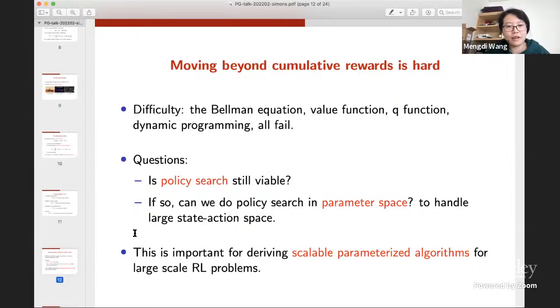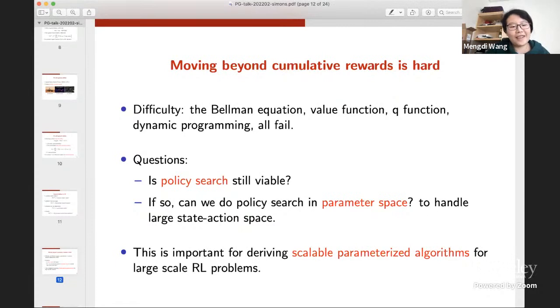So the consequences are that first, we no longer have a value function because value is a sum of rewards. Now we don't have additivity. And also we no longer have a Q function. They just don't exist. And then because we don't have value, we don't have Q, dynamic programming and the Bellman equation all no longer hold. So basically we have to give up on value-based algorithms.